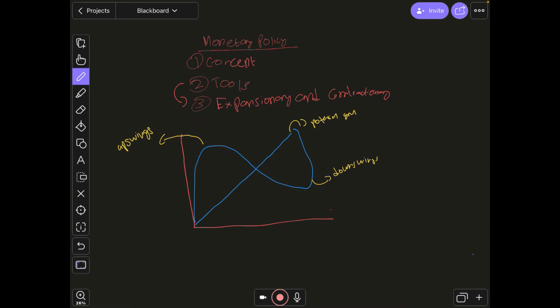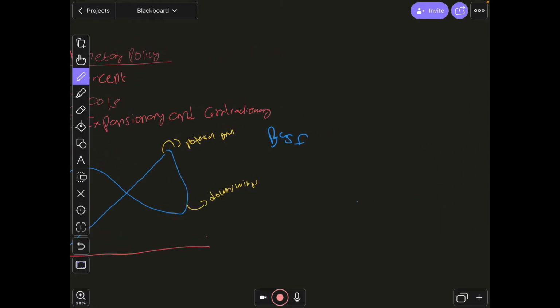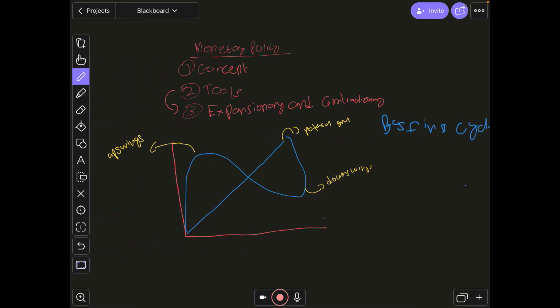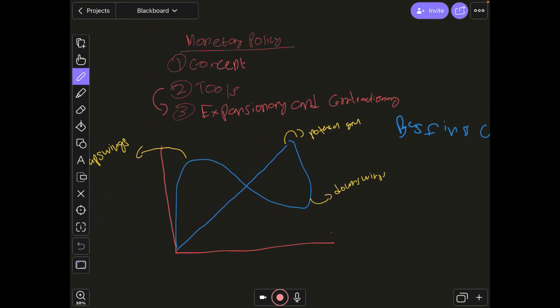So this graph is known as the business cycle. And this straight line passing through the origin is the potential growth of the economy in the long run.